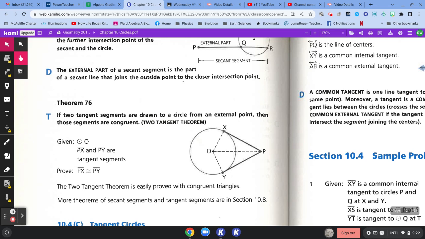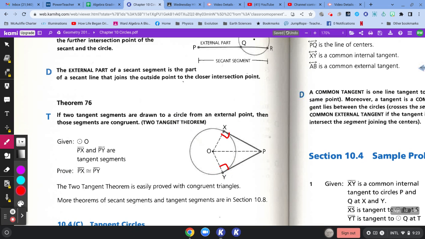All right, let's see if we can prove this is true. We're going to prove PX and PY are congruent. Well, let's see what we've got. I'm going to pause this. So remember that the radius at the point of tangency makes a right angle. So this forms two right triangles.